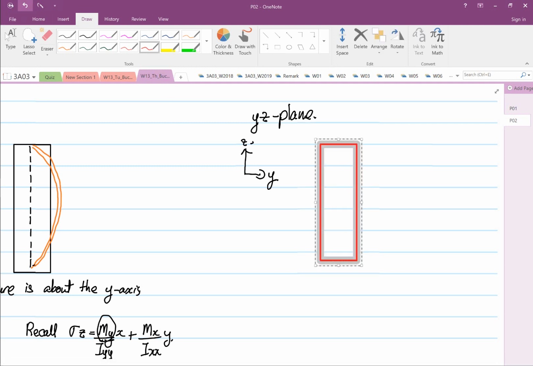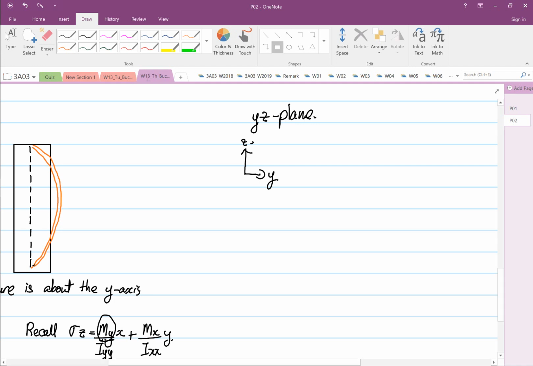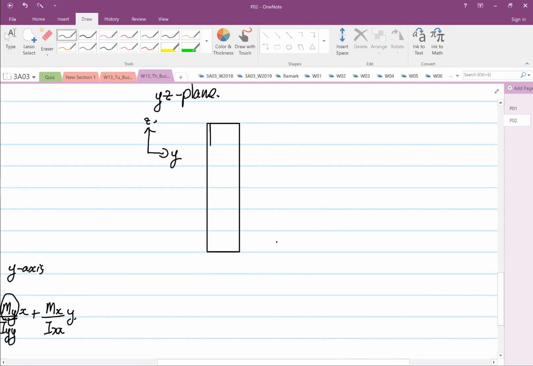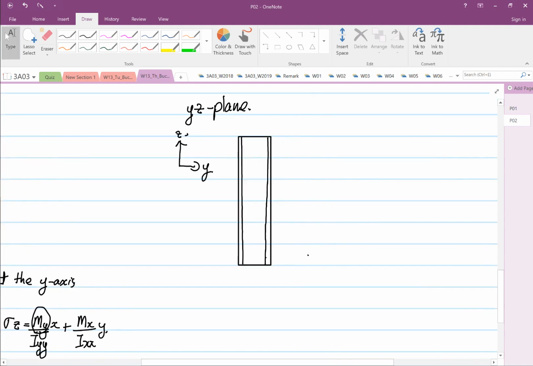There is no more hidden feature, it's straight. Then these are your flanges. If this is our centroid or neutral axis, we also know that this is rotation about x. So the structure can deform this way now.